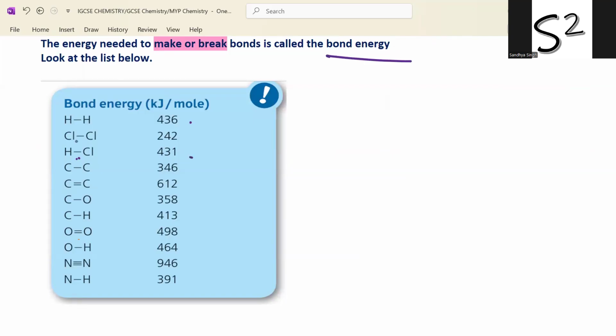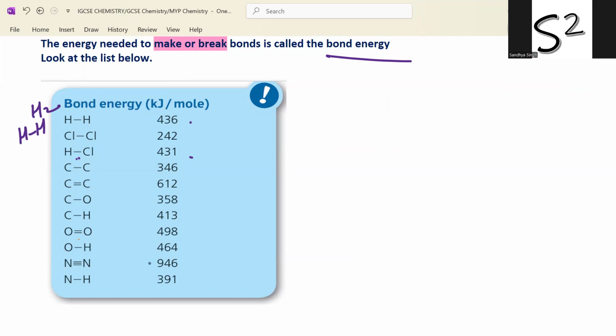If we want to break the bond between chlorine and chlorine, we should give 242 kilojoule per mole of energy. Similarly, to break the bond in the hydrogen molecule, we need to give 436 kilojoule per mole of energy.